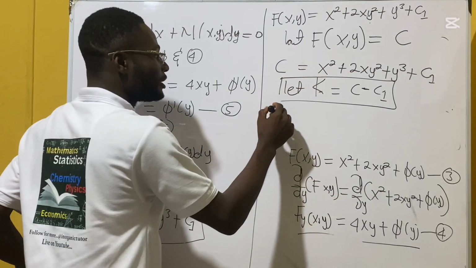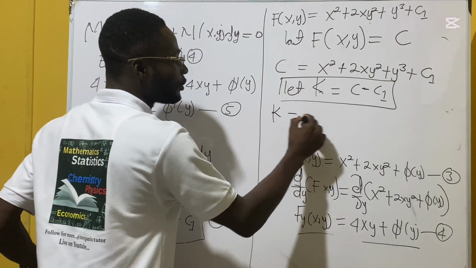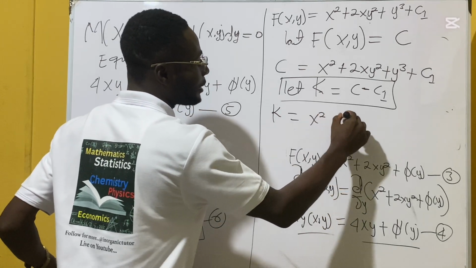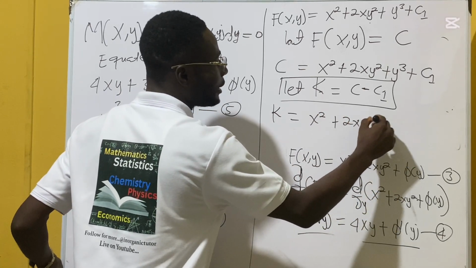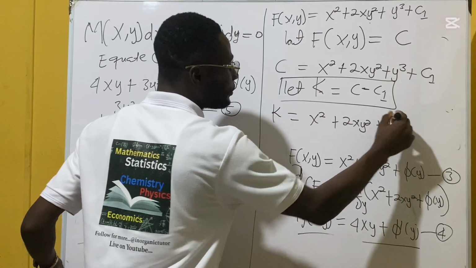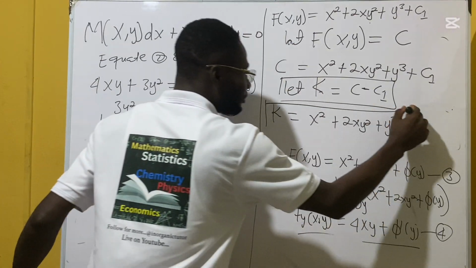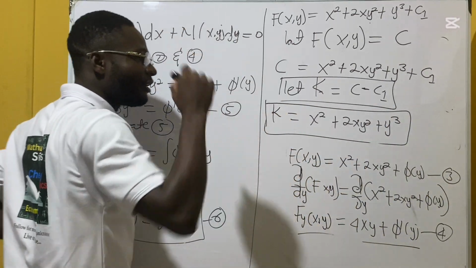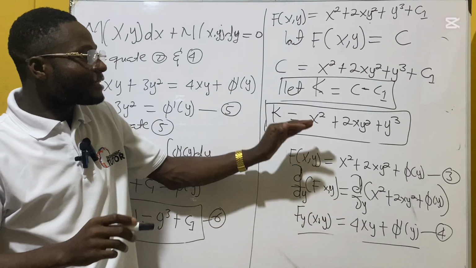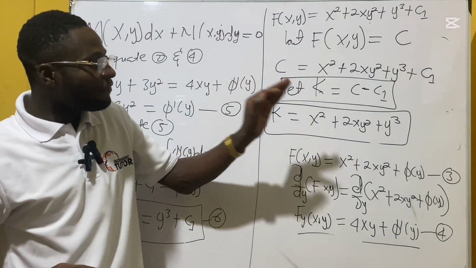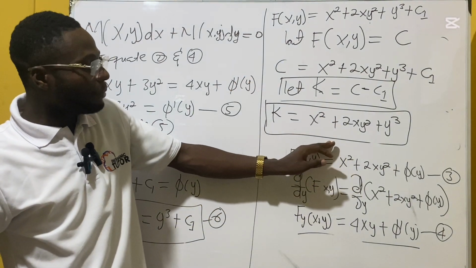So we're going to say that k is equal to x squared plus 2xy squared plus y cubed. So ladies and gentlemen, this is the end of the problem. So this becomes our final solution to this particular problem.